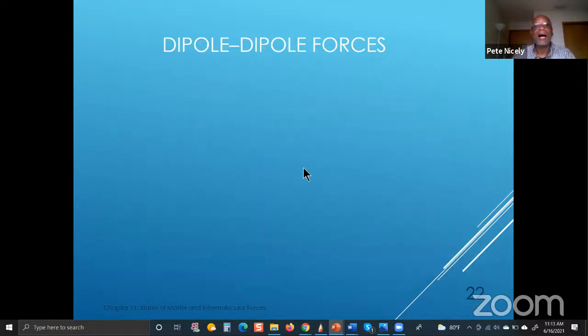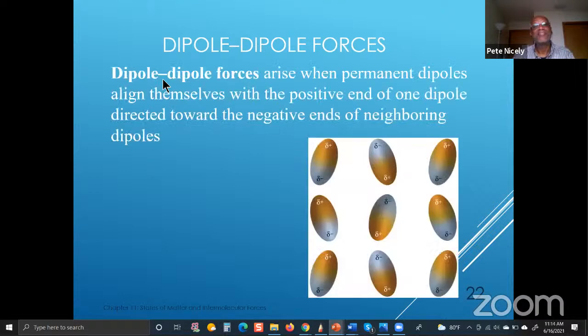Okay, another type of intermolecular force that exists between molecules is what are known as dipole-dipole forces. And as the term suggests, these are forces that exist between molecules that have permanent dipoles, right? So we're talking about molecules such as hydrogen chloride, where you have a dipole that is present in this molecule.